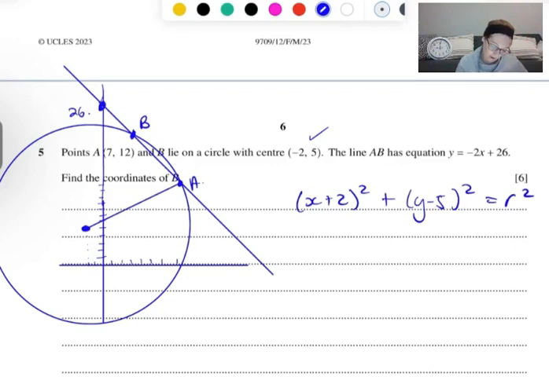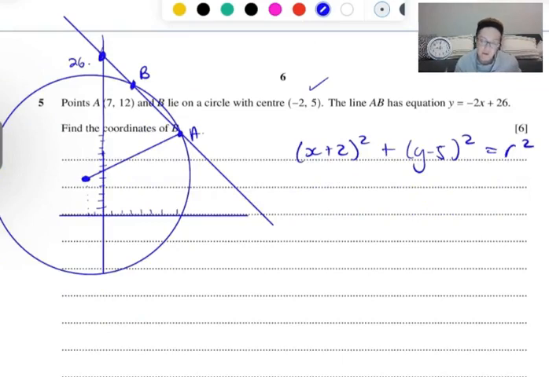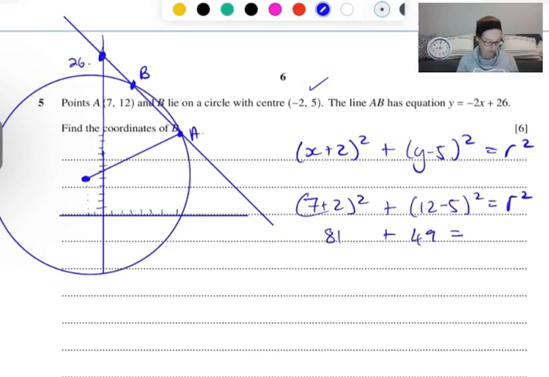We can work out our r because we've got a point A. So basically it's the length formula, but you can also just use your circle here. So I'm going to say (7 plus 2) squared, and then (12 minus 5) squared is equal to r squared. So what is that? 81 plus 49.